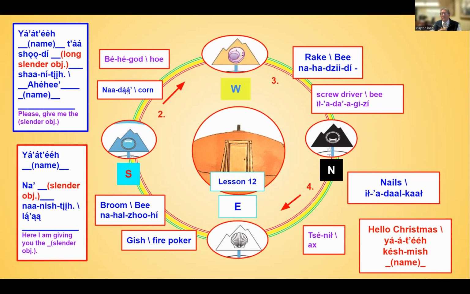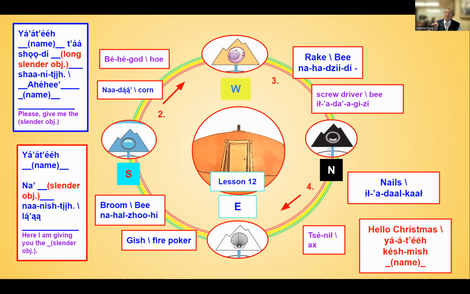And why does Navajo have so many give words? The way you give. Well, let's say you just had a bunch of stuff right next to you, you didn't know the name of those objects, you could just say a Shaanítįįh, and the person would say, oh yeah, okay, this one.